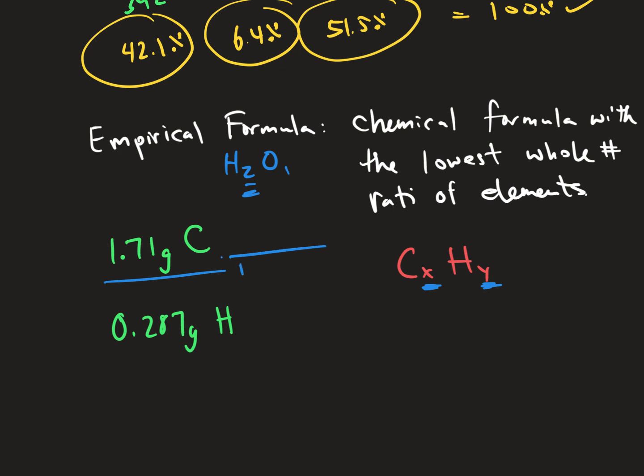Convert this to moles, we have 12 grams of carbon for every 1 mole of carbon, right? We learned this several times ago, and hopefully we practiced it and got really good at it, because this is what we do in chemistry, okay? So we do 1.71, and we divide by 12. What do we get?